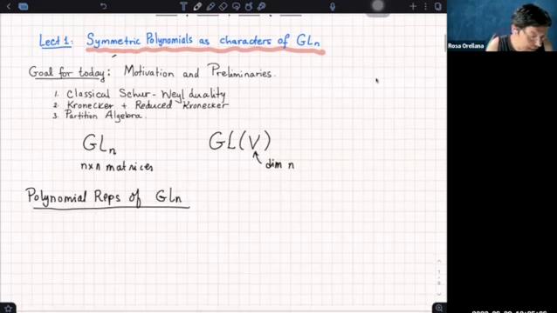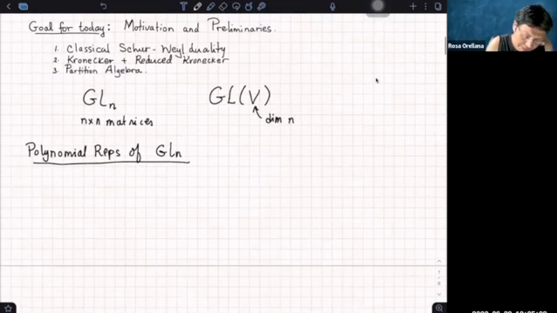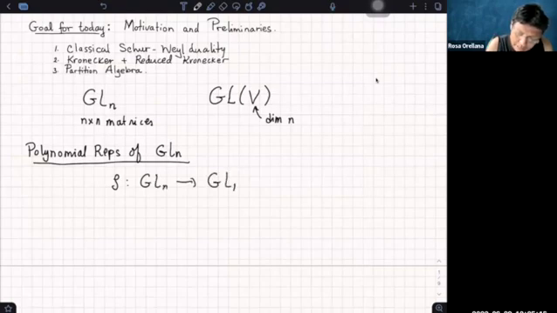So perhaps the best thing to do is to just give you a couple of examples. So from GLN to some GL of a different n. Here we can think of it as a homomorphism.